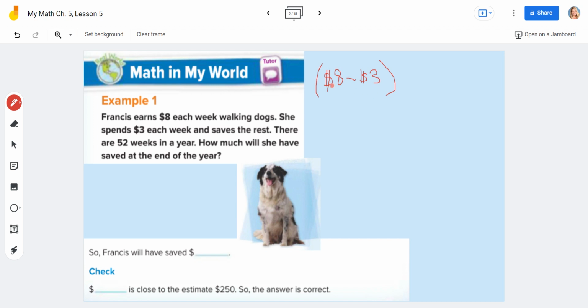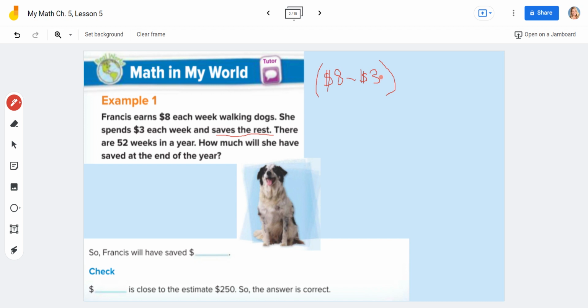So Frances earns $8 each week and she spends $3 each week. So this has to happen first before I can figure out what she has to do for her 52 weeks of the year. So I know that inside the parentheses, that's going to be her $5 that she's left. The rest that she's going to save is that $5 in there.